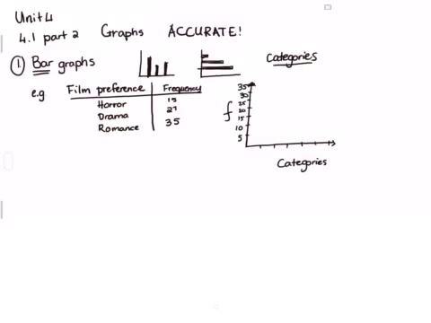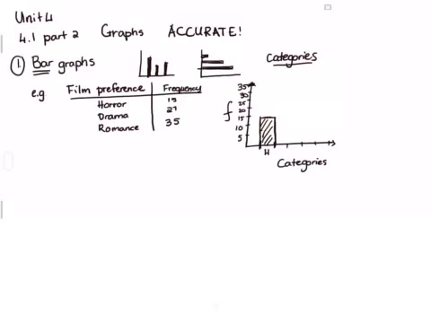Then you leave a gap for the first one here, and then here starts my first category, which is horror, and you go as high as its frequency. Now I'm just going to put an H here because of space, but you would actually write horror out. I'm going to do some form of shading just to show so we can see where the graphs go.